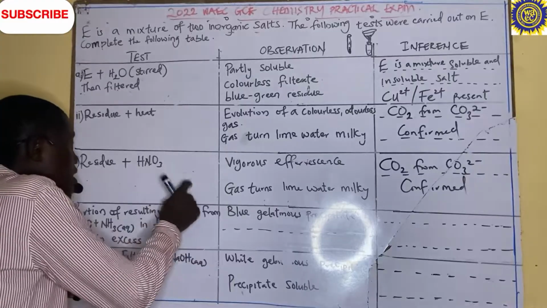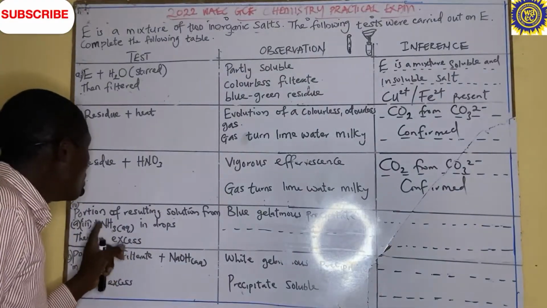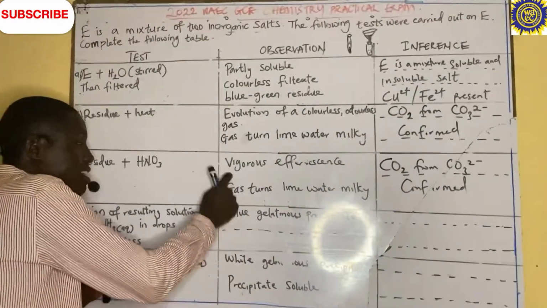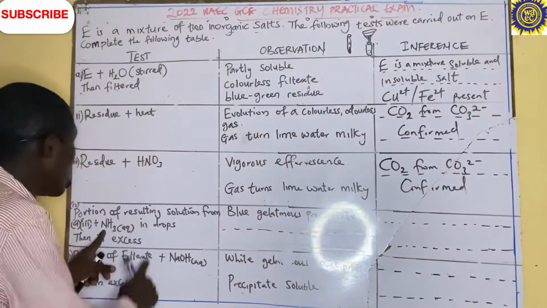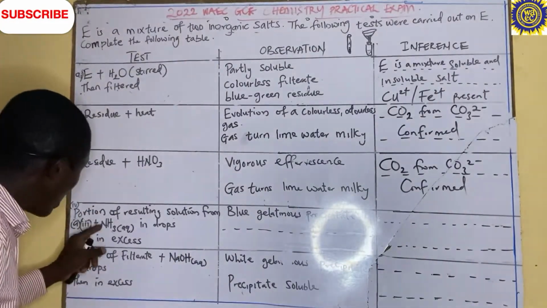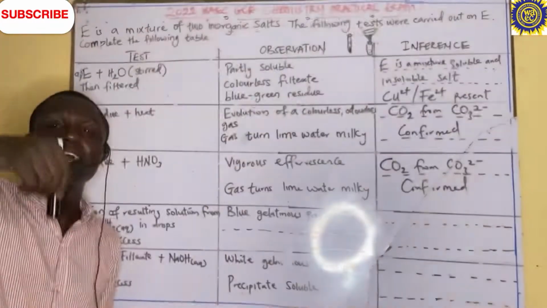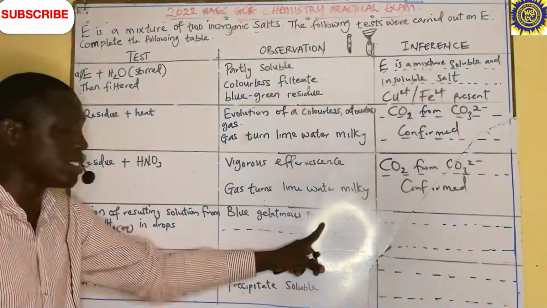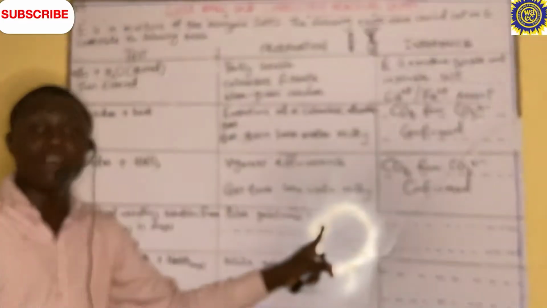A portion of the resulting solution from A1, plus aqueous ammonia, in drops. Whenever you add aqueous ammonia to a solution and we have a blue gelatinous precipitate, that signifies that there is copper there.